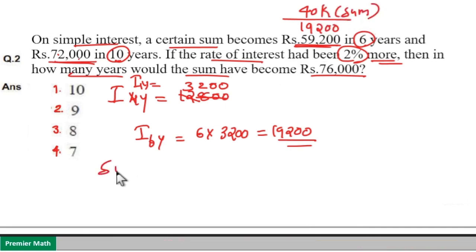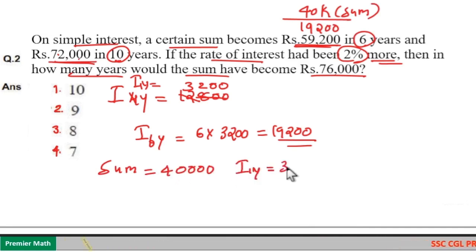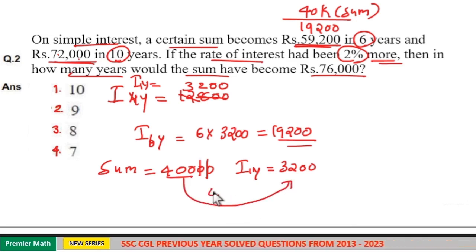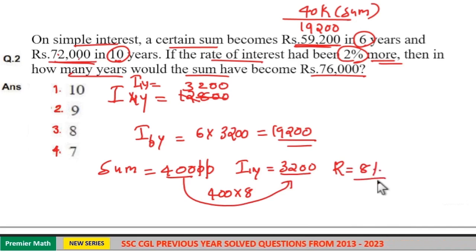So the sum is equal to 40,000 and interest in 1 year is equal to 3,200, which means here 10% of 40,000 is 4,000, 1% is 400. So 400 into 8 is equal to 3,200, which means 8% of 40,000 is 3,200. So the rate here is equal to 8%.